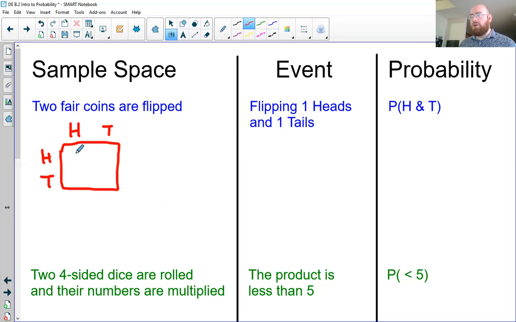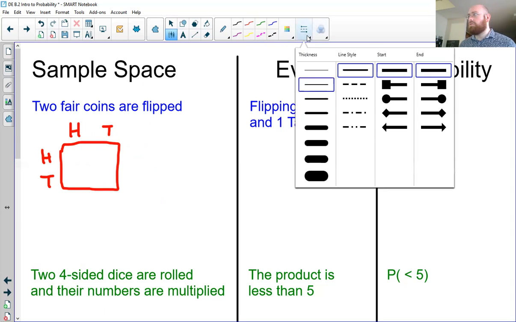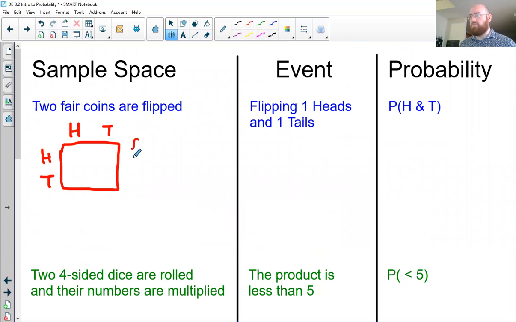And so all in all, we would have heads, heads; heads, tails; tails, heads; or tails, tails. So the size of our sample space is equal to 4.